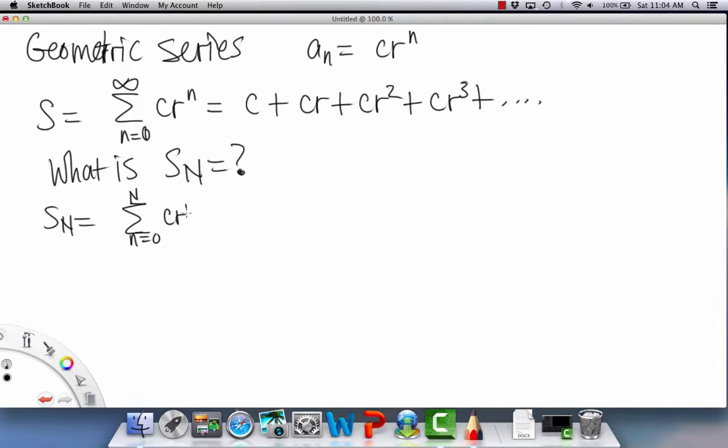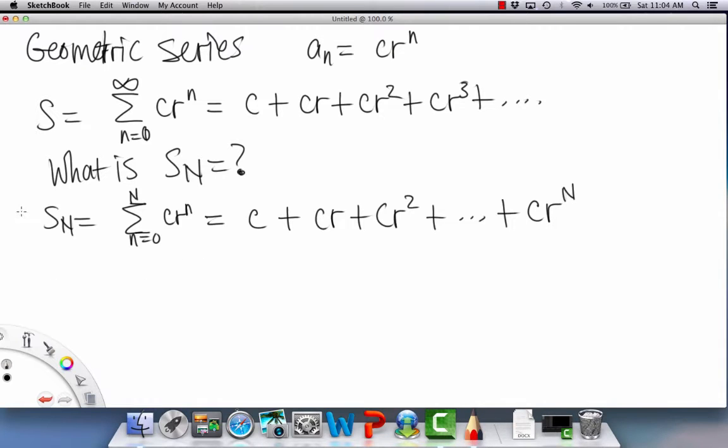And then we have our CR^n here. So this would be kind of like C plus CR plus CR squared plus, and then all the way up until we get to CR to the capital N, right? So if our partial sums were 4, then we just go up to C times R to the 4th, okay?